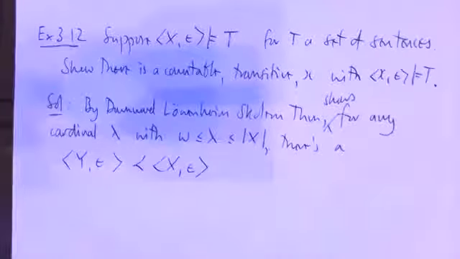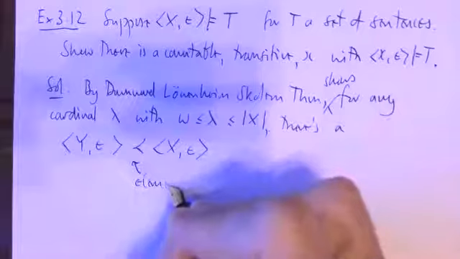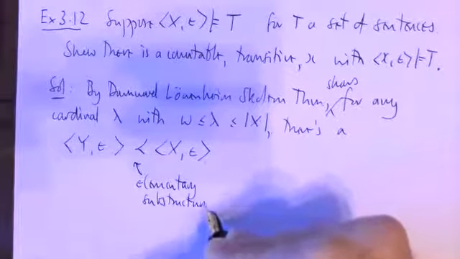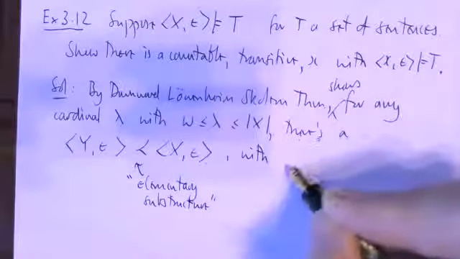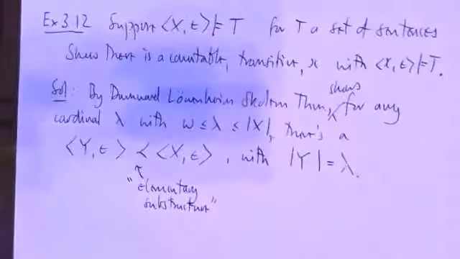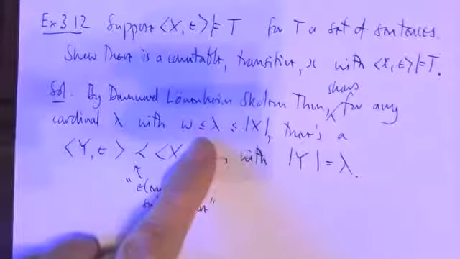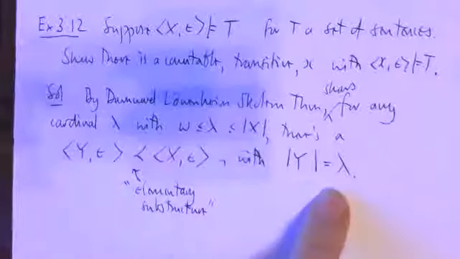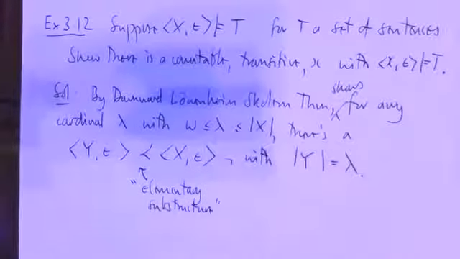That's what the elementary substructure relation is, with Y the desired size lambda. So X may have some enormous cardinality, but for any intervening cardinal number, I can find a structure of that size, whether it's omega or the size of X itself.